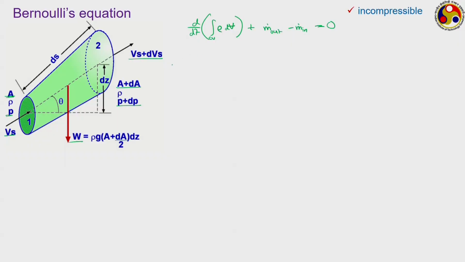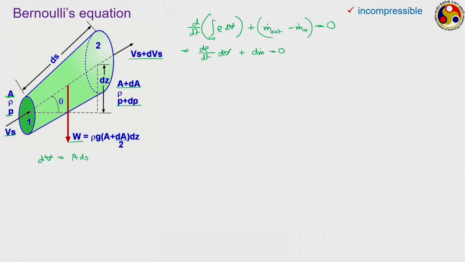Now as we are talking about a fixed stream tube, the volume is constant. Accordingly, we can write this as d rho/dt times dV plus d m dot equal to 0, where d m dot is nothing but m dot out minus m dot in, basically the net outflow of mass from this control volume. And what is dV? dV can be taken to be something like A into ds.